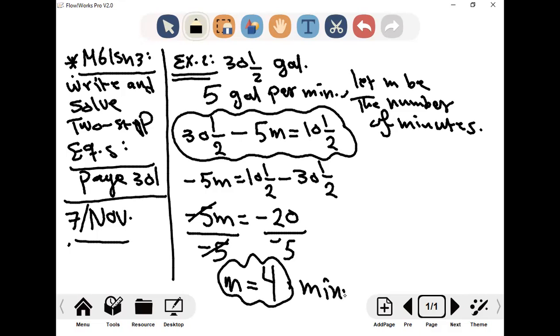What does this mean? At first, the amount of water was how much? 30.5. He drains the water for how many minutes? The water will be 10.5. Got it?